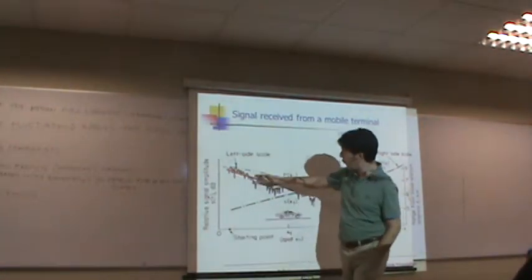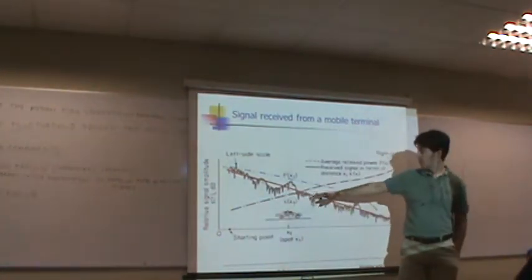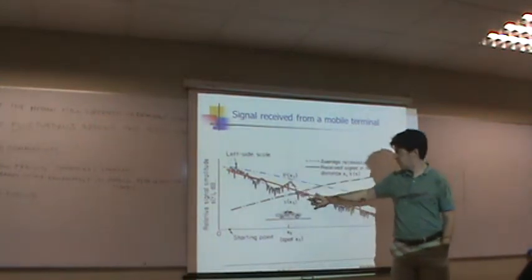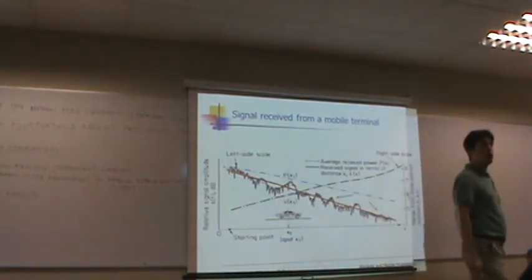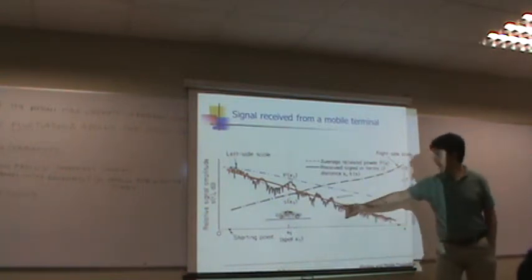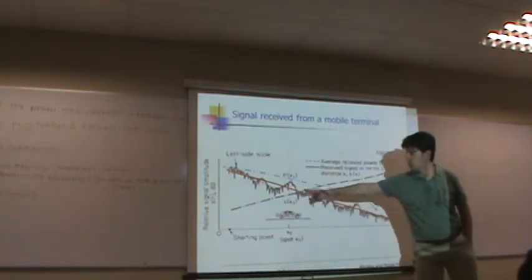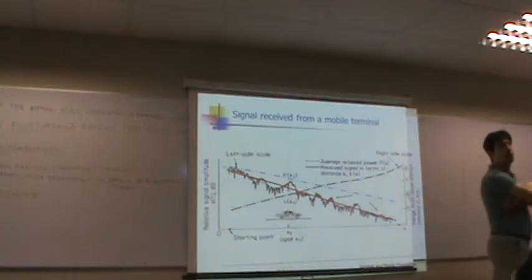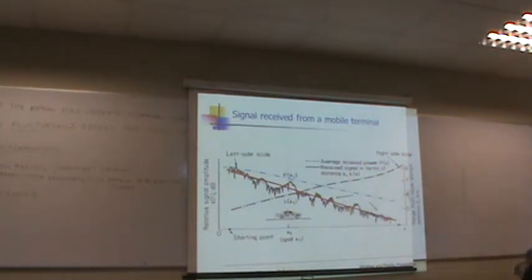And then you have those fast fluctuations. What is the reason for those fast fluctuations around the slow variation? What do you think would be the reason?